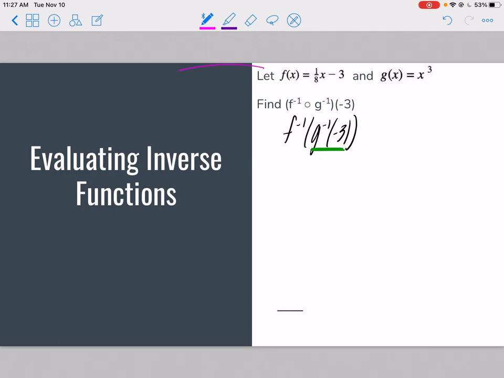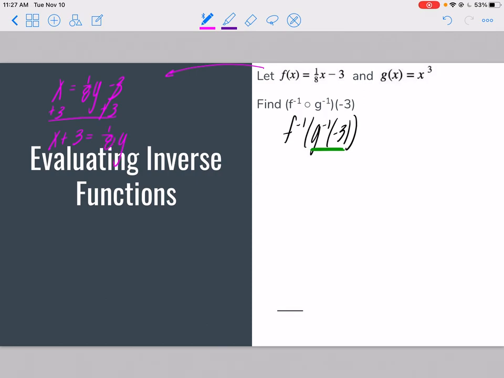So let's find the inverse of f of x. So we'd have x equals 1/8 times y minus 3. I'm just going to skip that first step of rewriting it as y, and I've switched it to be x, and then I would solve for y. So I'd add 3, you get x plus 3 equals 1/8 times y.